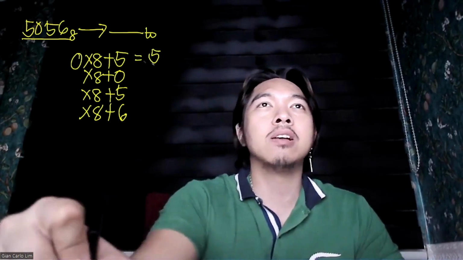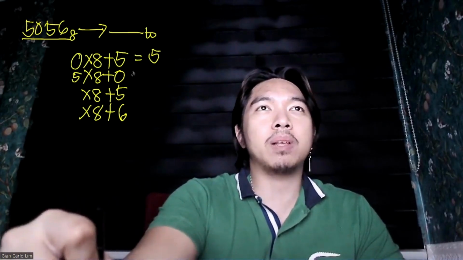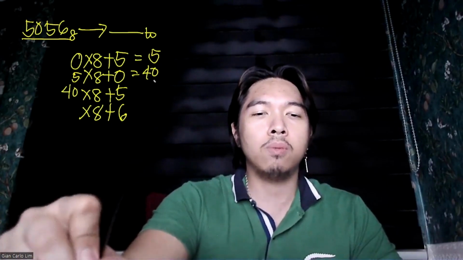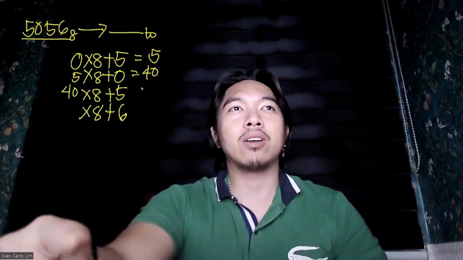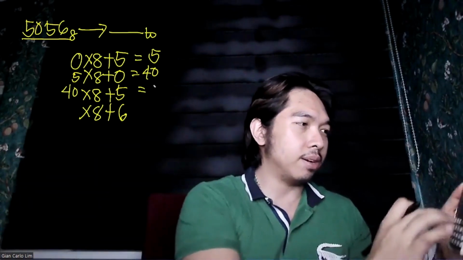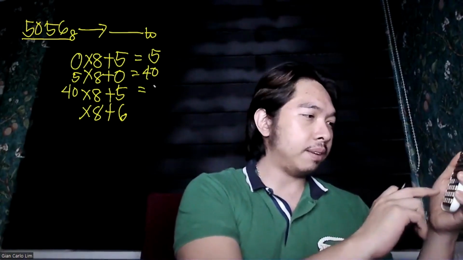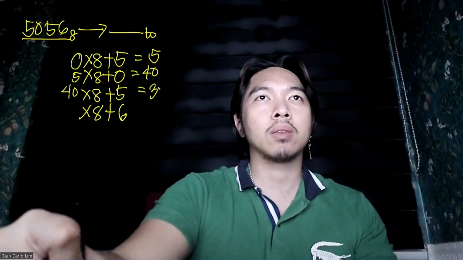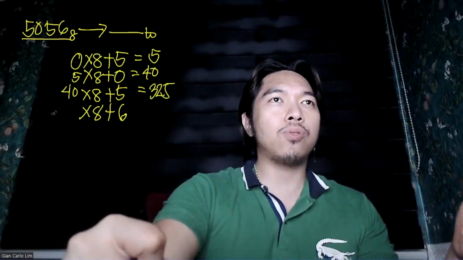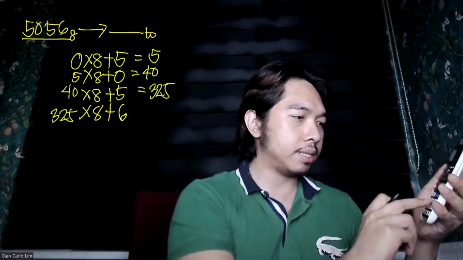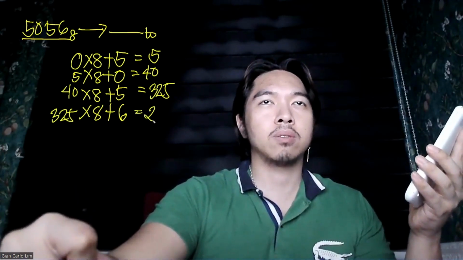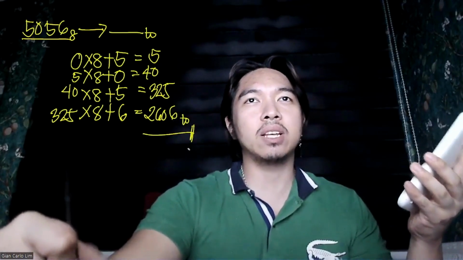By rule of PEMDAS, 5 times 8 is 40 plus 0, so still 40. 40 times 8 plus 5, that's equal to 325. I reversed it again. And then 325 times 8 plus 6 equals 2606 base 10. And that is now the answer.